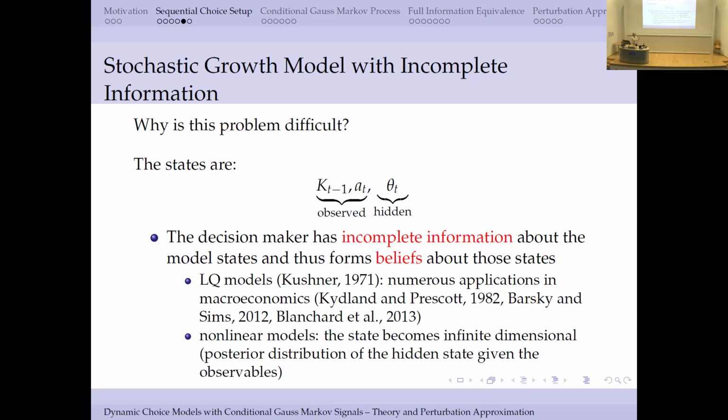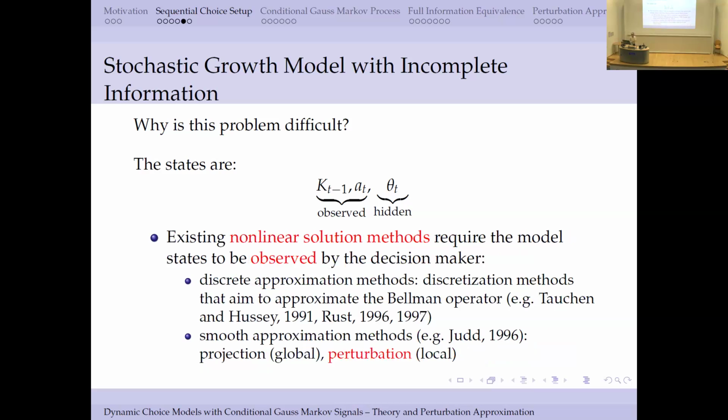That is what jumps out of the LQ setup. It's a very convenient and extremely useful result. It comes from control theory and has had numerous applications in macroeconomics. However, if you have a nonlinear model, as I already said, the state becomes infinite dimensional.